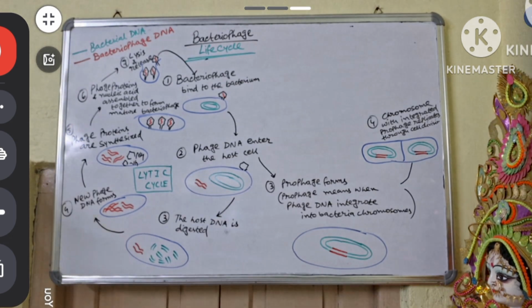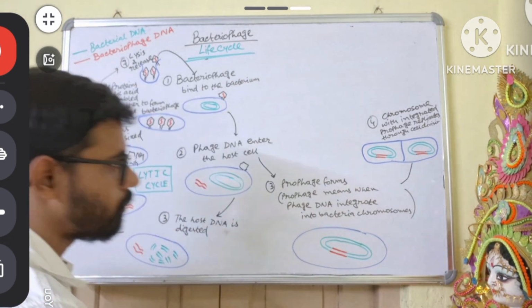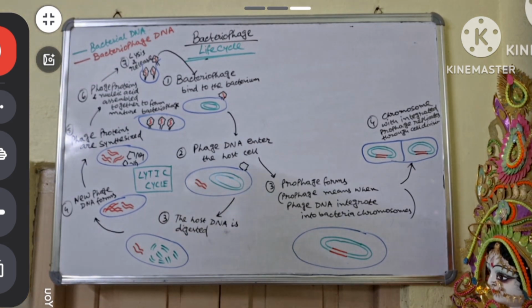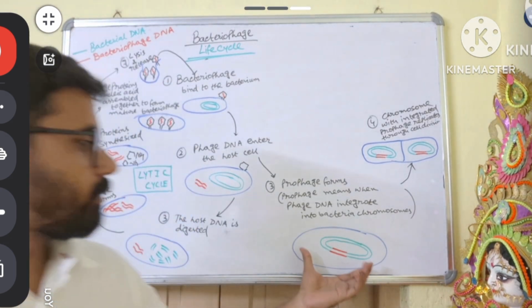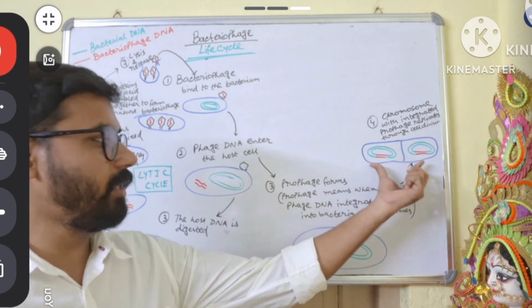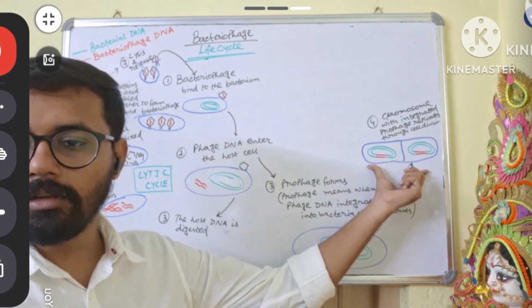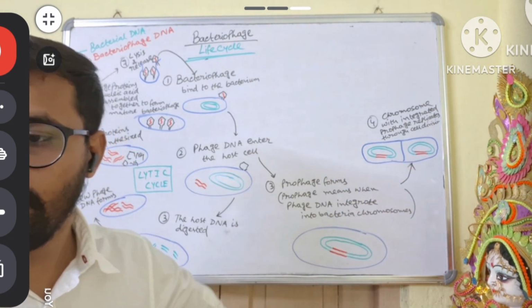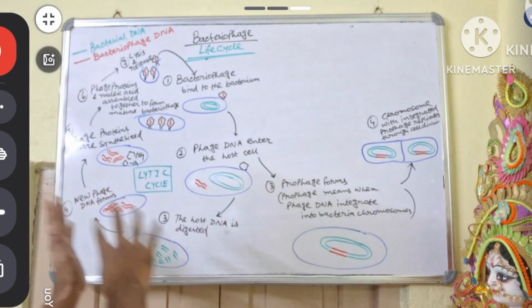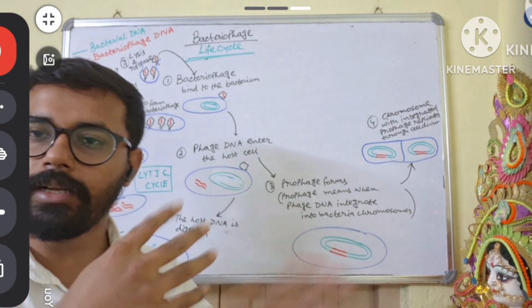Check that. So before cell division, only a single bacterium contains the bacteriophage DNA. After division, two cells will contain bacteriophage DNA. So their transmission pattern is different. The lytic cycle transmission pattern is different.